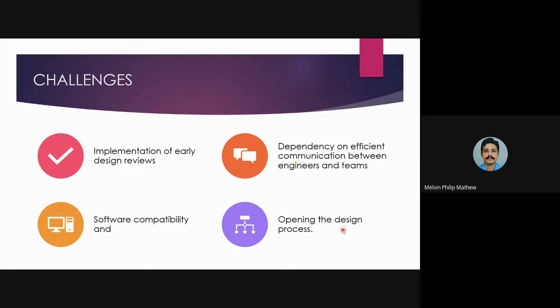Then the opening of the design process. So the design process will be reevaluated and set into a new method so as to produce the product at a faster rate, and each and every personnel should be aware of the design procedure and the procedures that are done for faster production, and that is also another challenge.